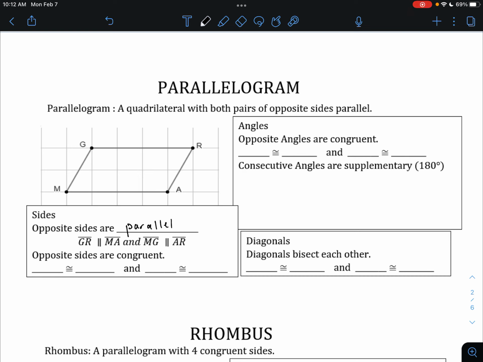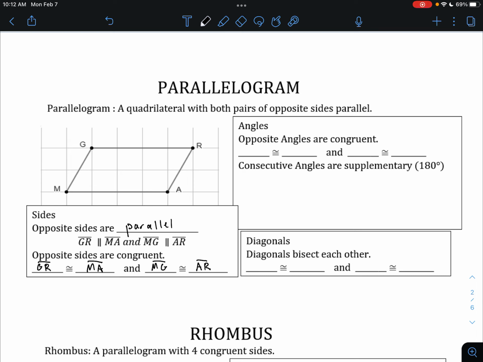Now, perhaps more important than the fact that they're parallel is that the opposite sides are congruent. And this is actually how we solve equations and set up problems with parallelograms. So GR, since it is parallel to MA, it must also be congruent to MA. That means they're the same. And MG, being parallel to AR, must be congruent to AR.